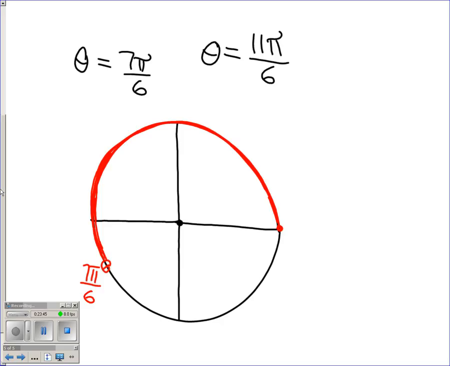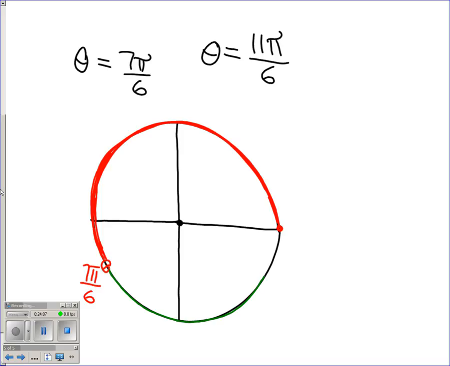But as soon as you get to 7 pi over 6, that's equal to negative 1/2. And all of the values on this side in the green, we can't use because they're going to be less than. Down here at 3 pi over 2, it's negative 1. That's not greater than negative 1/2.